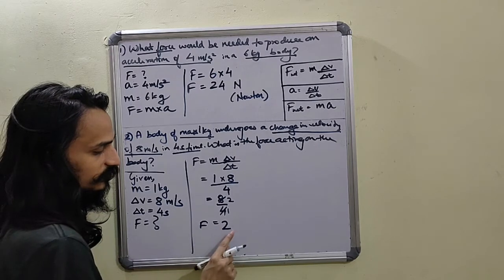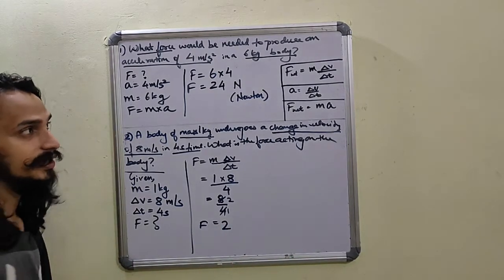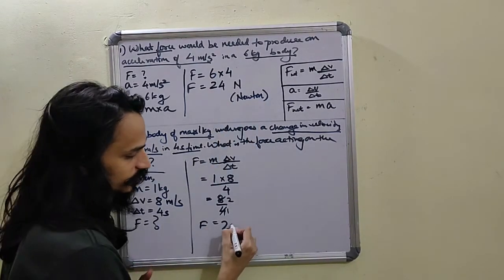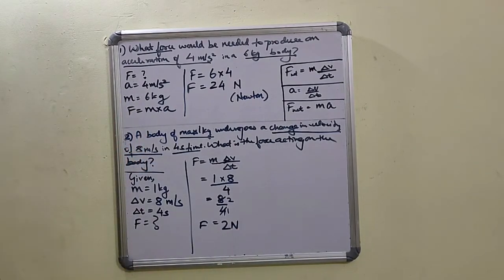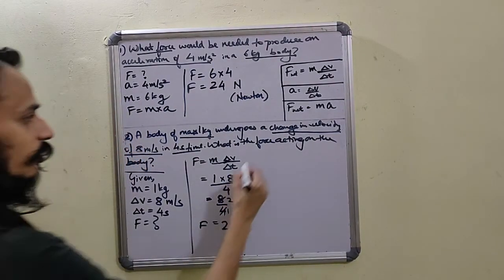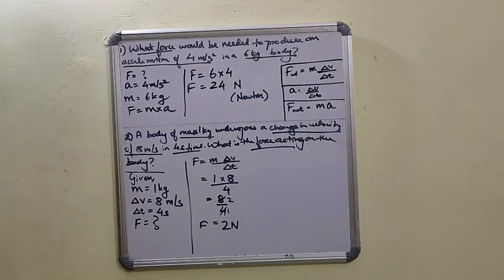So my force equals 2 Newton. Again, Newton, that's my unit, 2 N. So now we have found out what is the force, and my answer is complete, that is 2 Newton.